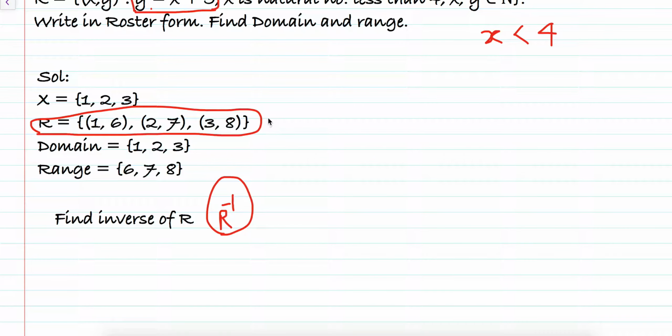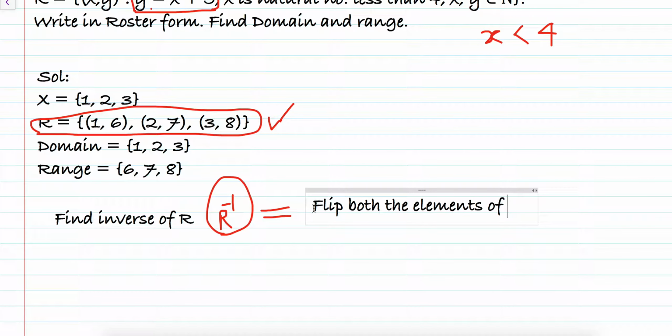If we have this R, then this R inverse will have all the pairs where we flip both the elements of each ordered pair xy of R.